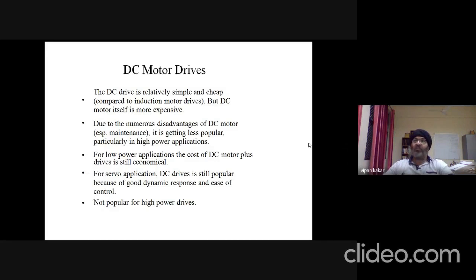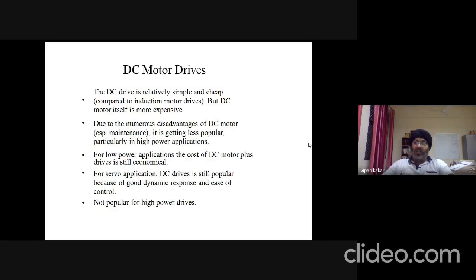But we know that DC motors are comparatively expensive compared to induction motors. And due to these several disadvantages of DC motors, especially the maintenance costs, these kinds of motors are not popular anymore in high power applications.